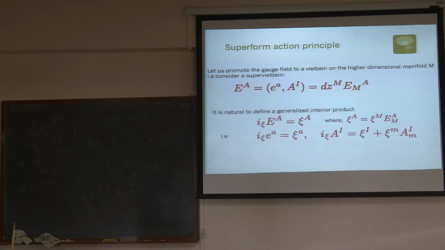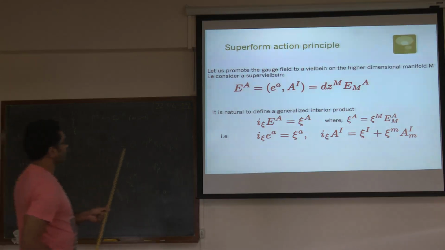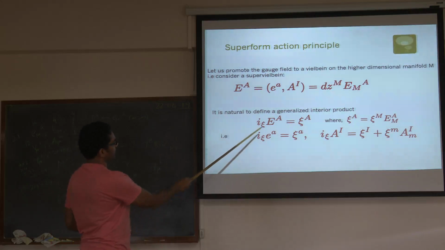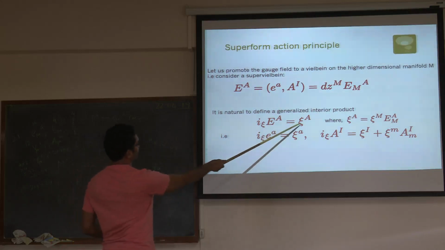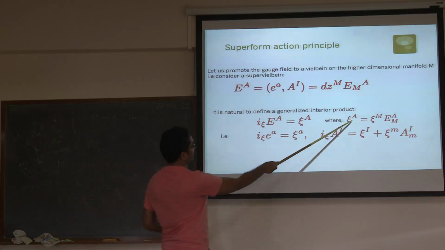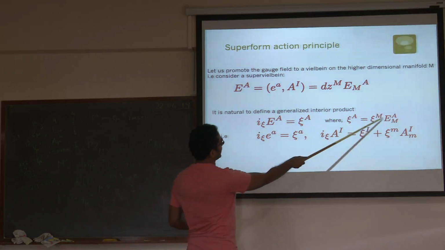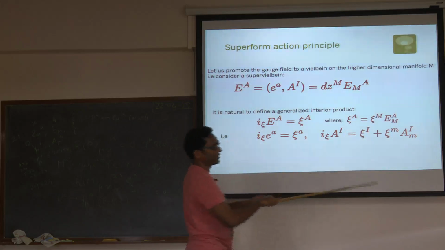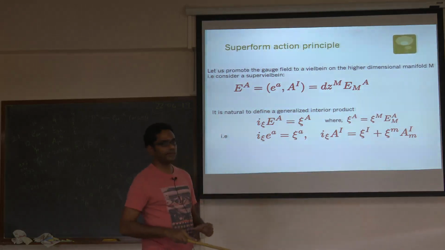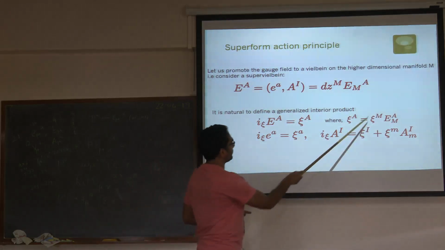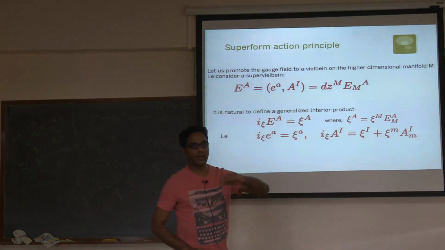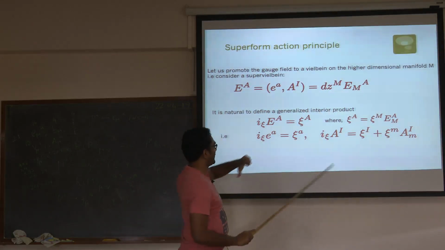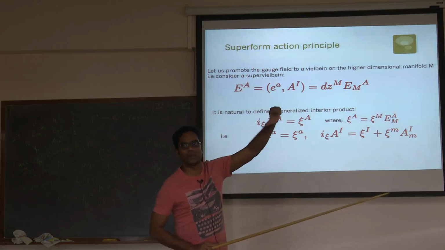So, we define a generalized interior product for the vielbein. For the super vielbein, the generalized interior product takes this form, where xi^A is basically the contraction of xi^M, where xi^M is the diffeomorphism in the full larger manifold, of which small m is in the smaller manifold, and the other direction is basically the gauge symmetry.